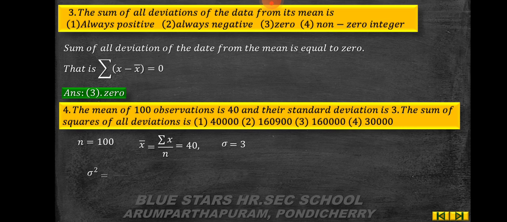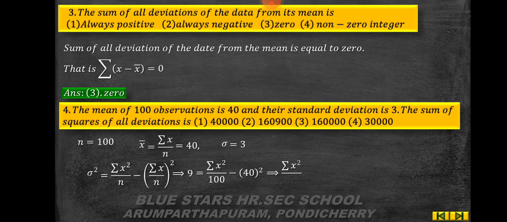So sigma square is equal to summation x square by n minus summation x by n the whole square. Sigma square is 3 square, which is nothing but 9. So 9 is equal to summation x square by 100 minus 40 the whole square, which implies summation x square by 100 is equal to 1600 plus 9, which is equal to 1609.